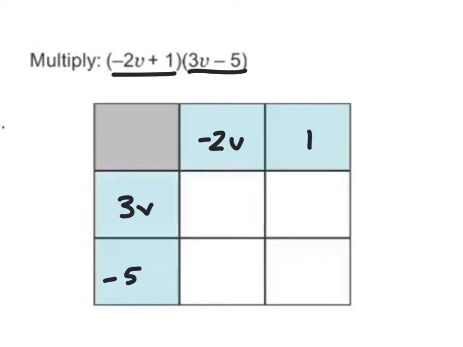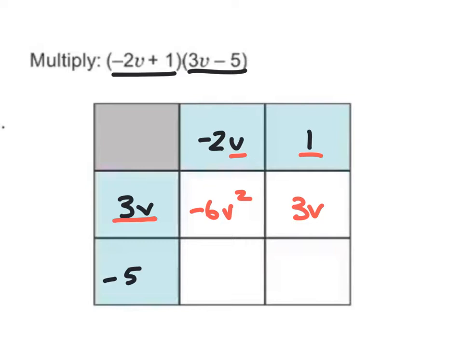So now I need to take 3v times negative 2v and multiply those together, and that's what goes in this box here. If I take negative 2 times 3, that's going to give me negative 6, and if I take v times v, that's going to give me v squared. Now on the next one, 3v times 1 is just going to give me 3v.